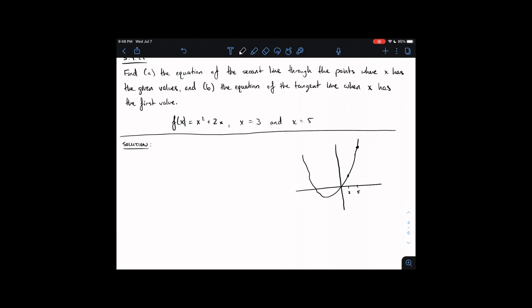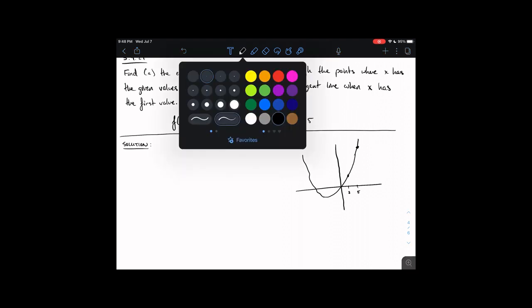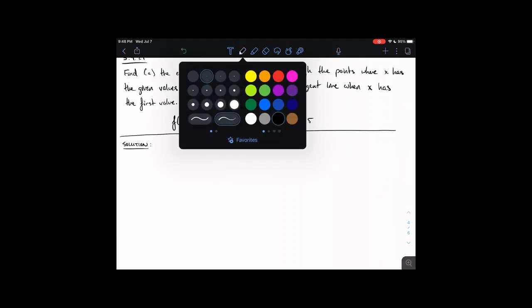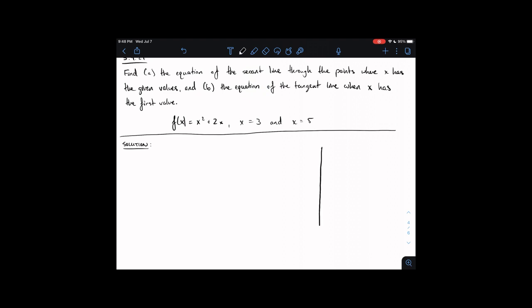So the secant line is just the line that connects these 2 points right here. So let's do this in a different color. Here's the secant line. Okay, this is a bad example. Let's redraw this. I want to zoom in on this a little bit better so that you get a better idea. So let's just pretend you have this going on. 5 is over here somewhere.